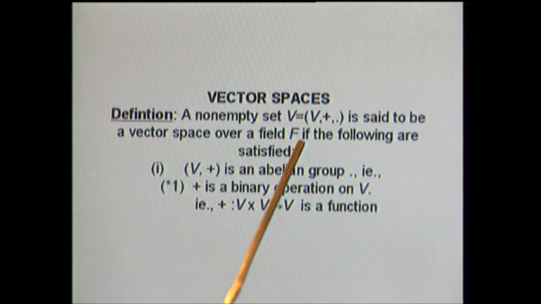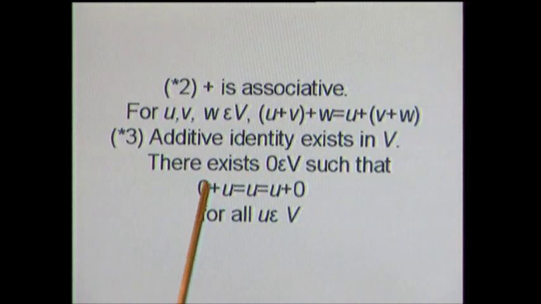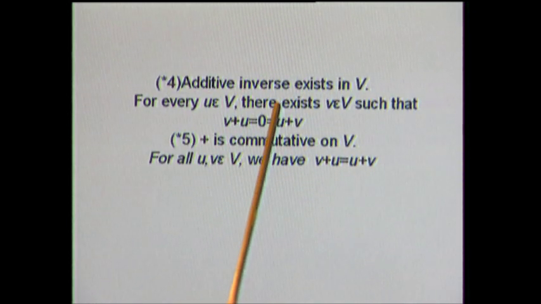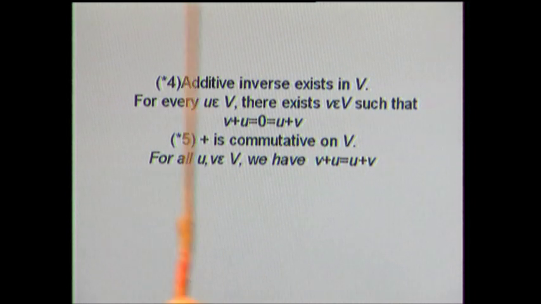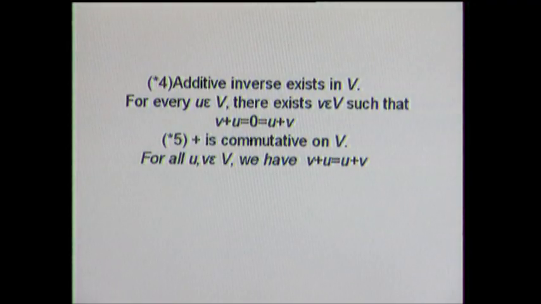We want two operations plus and dot defined as follows. The first one is that (V, plus) should be an abelian group, means plus should be a binary operation on V, plus should be associative on V, there should be additive identity with respect to plus on V, and for every element u in V there should be additive inverse and plus should be commutative on V. Then we say (V, plus) is an abelian group, means plus is closed on V, plus is associative, plus has additive identity, and plus is commutative.